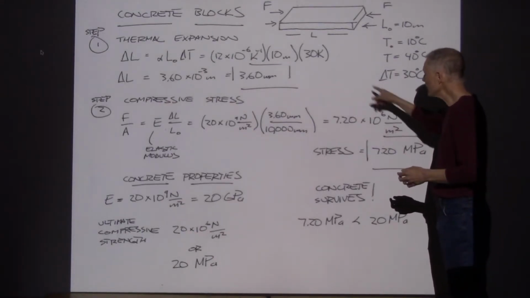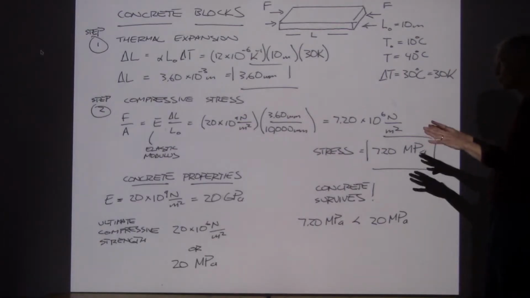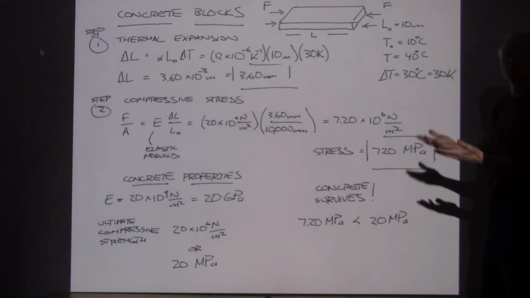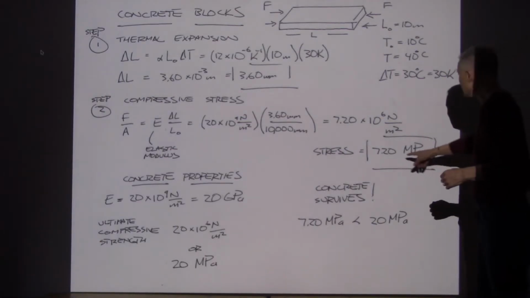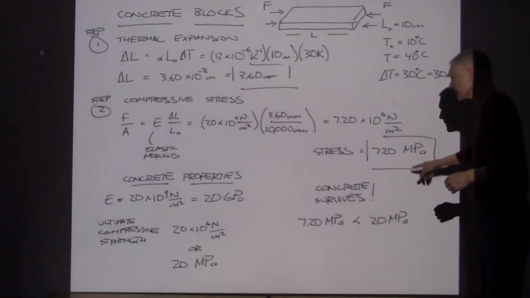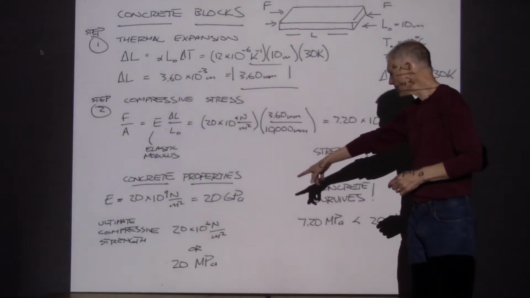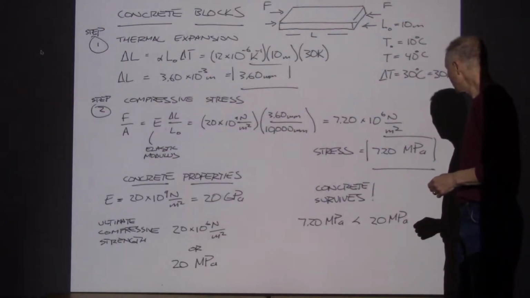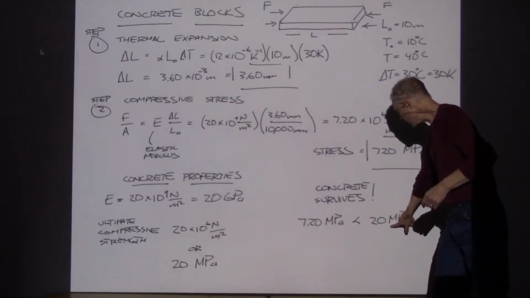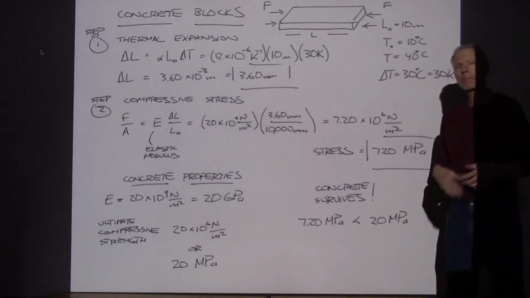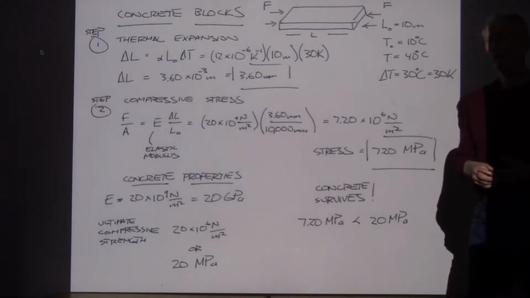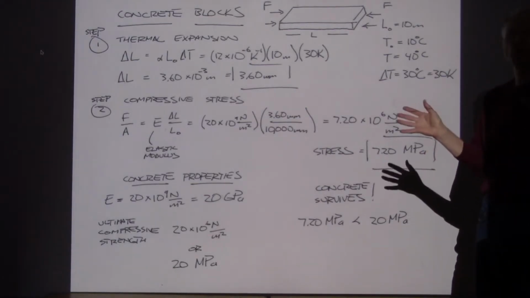In any case, what we had calculated for the compressive stress introduced by this temperature increase is 7.20 megapascals, and what I'm seeing from looking at the table is it can actually survive 20 megapascals of stress. So far so good.